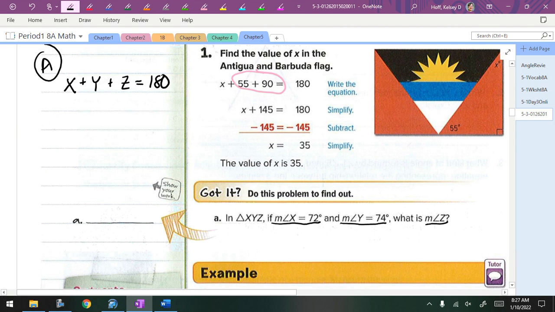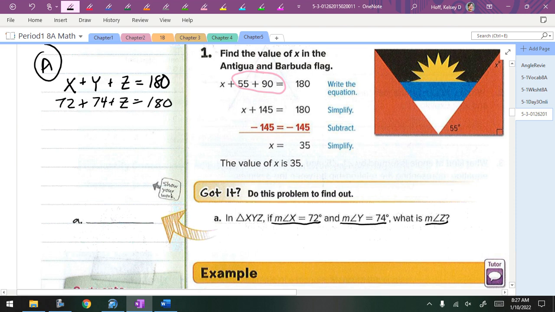How many degrees is angle X? Very good. 72. How many degrees is angle Y? 74. And angle Z is the one we don't know, so we're going to leave it angle Z.